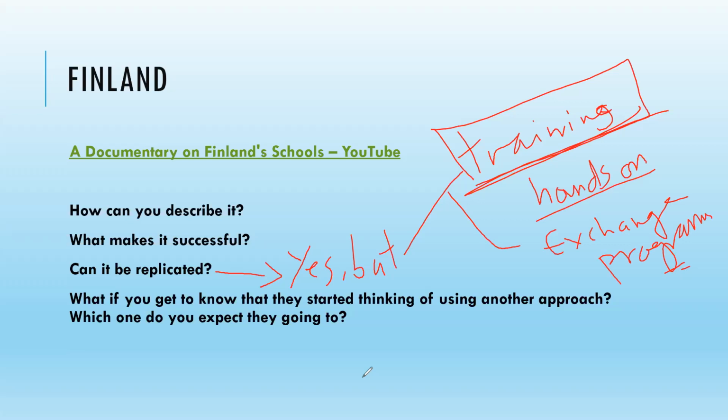Egyptians going to Finland get this information from different types of schools there. We can send also to China and Singapore. So it needs a good plan.